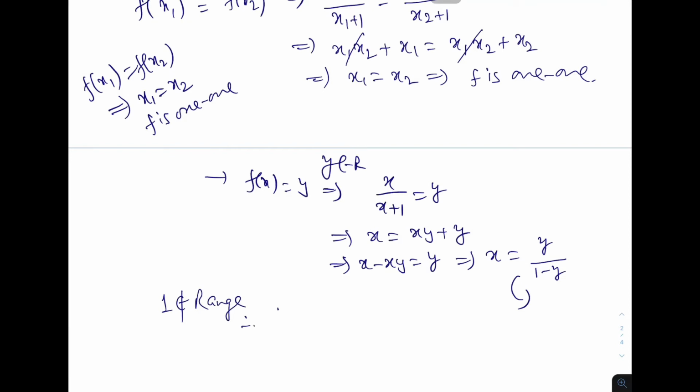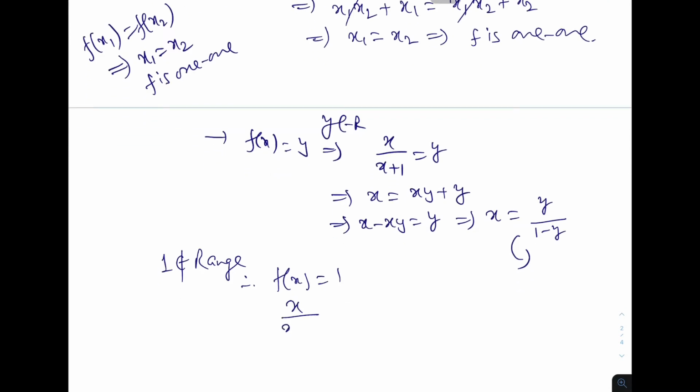That means 1 is not in the range, because if 1 is in the range, then for some x, f(x) equal to 1, that means x over x plus 1 equal to 1, that means x equal to x plus 1, and that means 0 equal to 1, which is not possible.